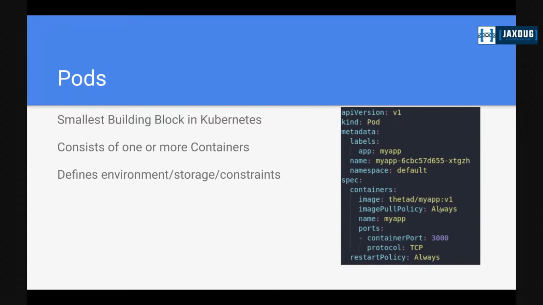Image pull policy says every time you start up, refresh and grab the latest version of this image. We named the container also my app. And then we're going to expose port 3000 from this container, and we're going to always restart it. So if this container crashes, go ahead and restart it. You can also say never, so it runs once, and once it dies, it's not going to restart.